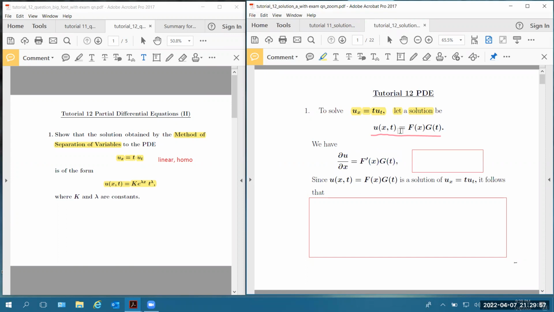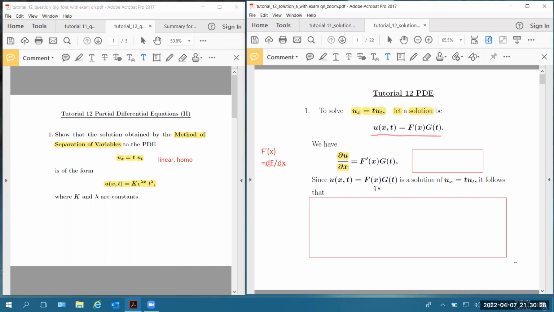So from here I compute my del u del x, differentiating with respect to x. Because this is just f(x) times g(t), this is simply f prime(x) g(t). And my f prime(x) actually has the meaning of df/dx.